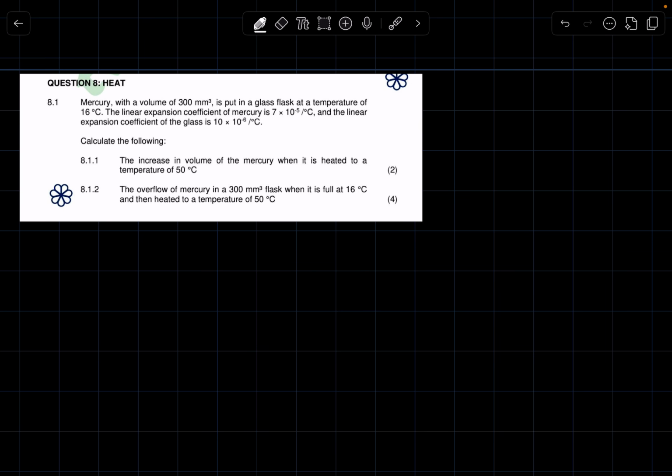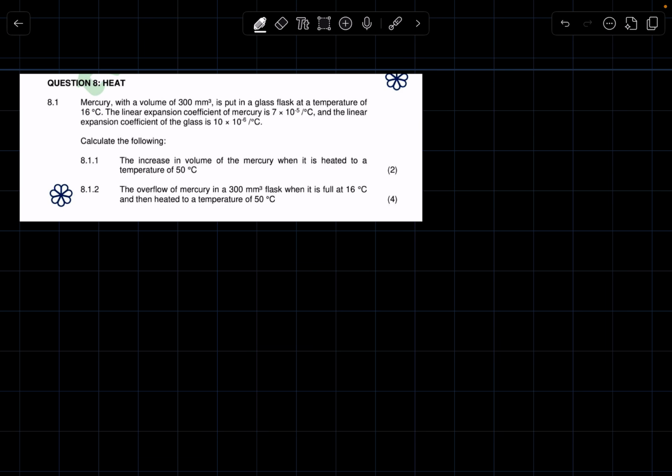The linear expansion coefficient of mercury is 7 times 10 to the negative 5 per degree C, and the linear expansion coefficient of the glass flask is 10 times 10 to the negative 6 per degree C. Calculate the following.